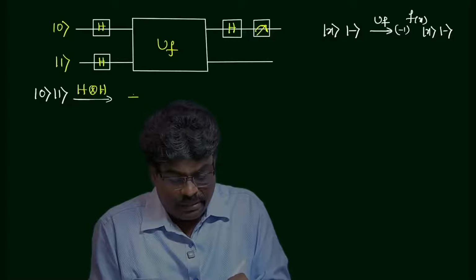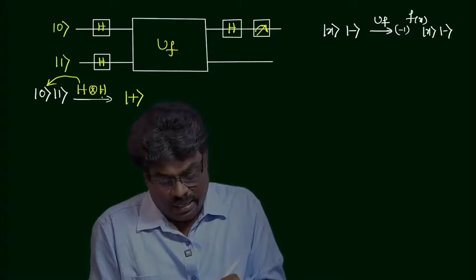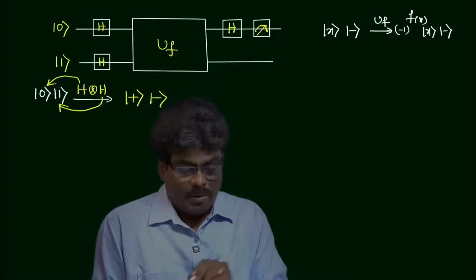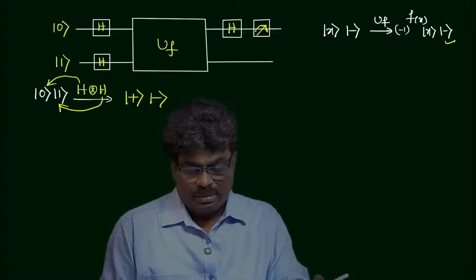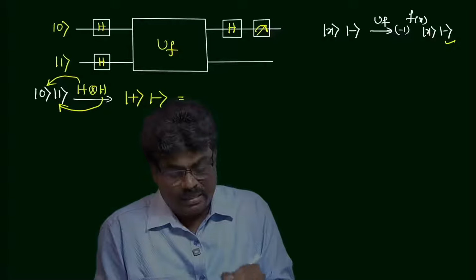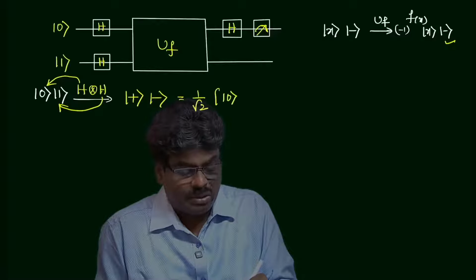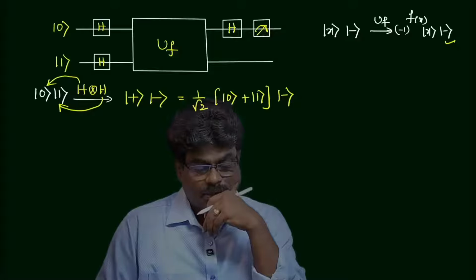So H operates on 0, you will get plus, and H operates on 1, you will get minus. I am not changing that minus because finally I would like to get a minus state, and I am going to rewrite this plus diagonal state as 1 over root 2 times (0 plus 1), into minus, right.